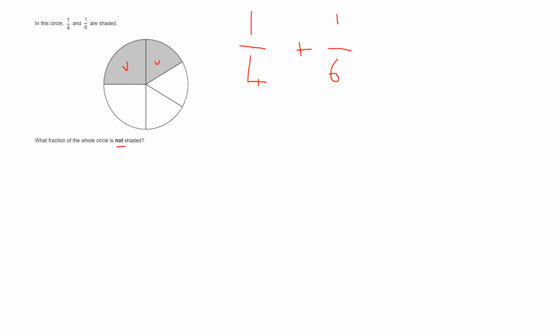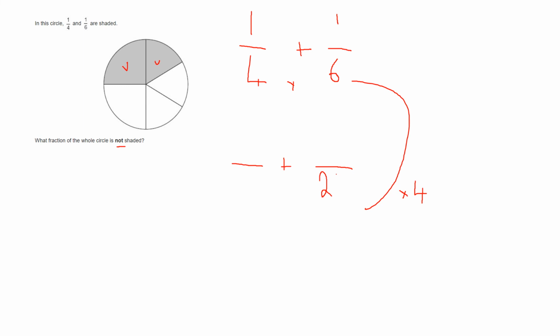Now I am going to look for the lowest common multiple. Or what I could do, which some of you may know, is the butterfly method, which simply asks us to times our 2 denominators. So I've got 6 times by 4, which is 24.